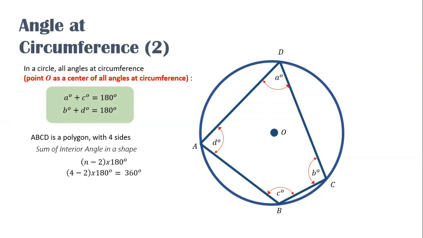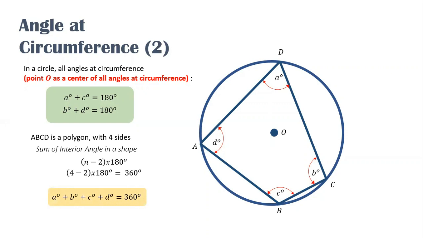Because it has four sides, 4 minus 2 in brackets times 180 degrees equals 360 degrees. So the conclusion is A degrees plus B degrees plus C degrees plus D degrees equals 360 degrees. Is it clear to everyone?